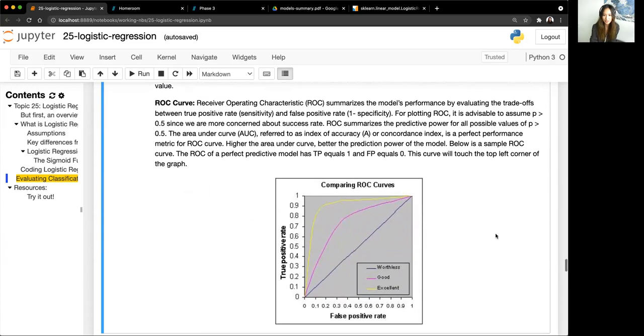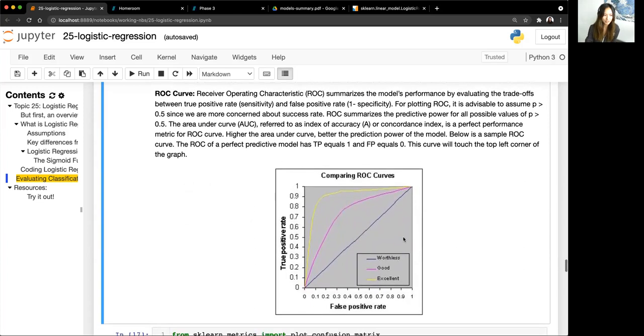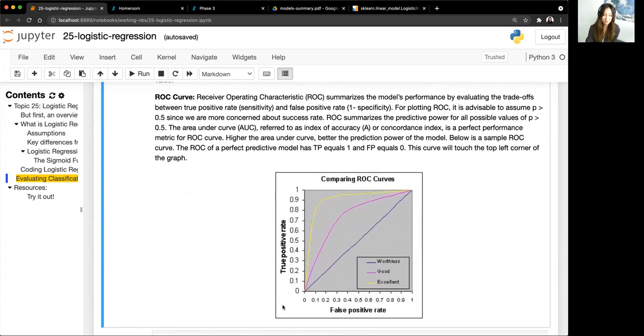Next is ROC curve. Now, not every model supports ROC curve because it has to do with different thresholds. Not every model has thresholds involved, but ROC curve can be something that you use to look at the trade-off between your false positives and false negatives. The math behind ROC is actually pretty intense, but the way that you read ROC, it is usually plotted on a graph that looks something like this.